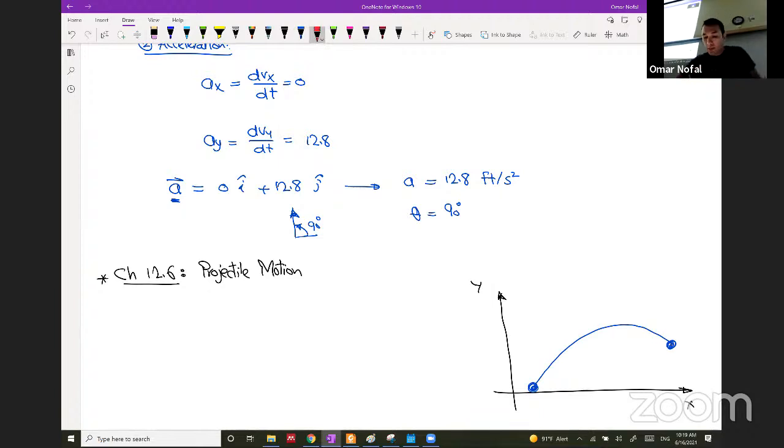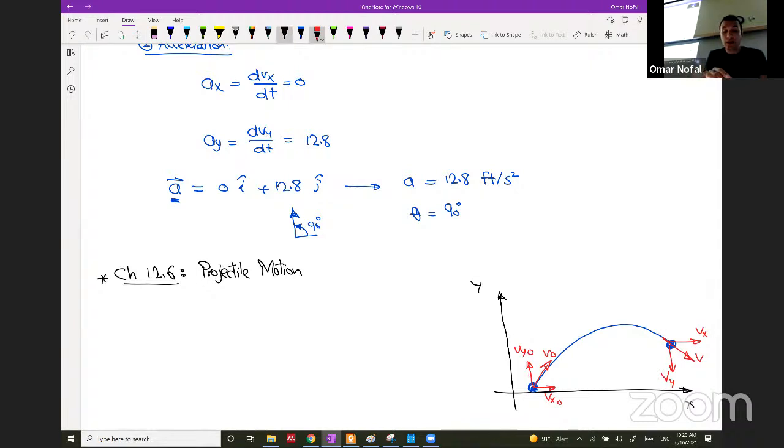You give the soccer ball a v node at this location, and it has a velocity like this. This is the vx node, and this is the vy node, and here is the vx at this position and the vy at this position, and you can get the velocity at any of these positions.